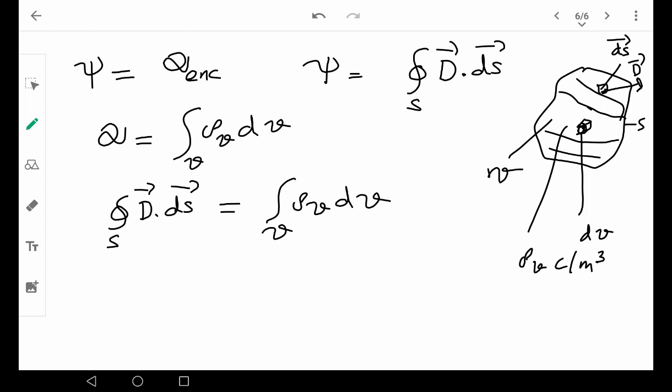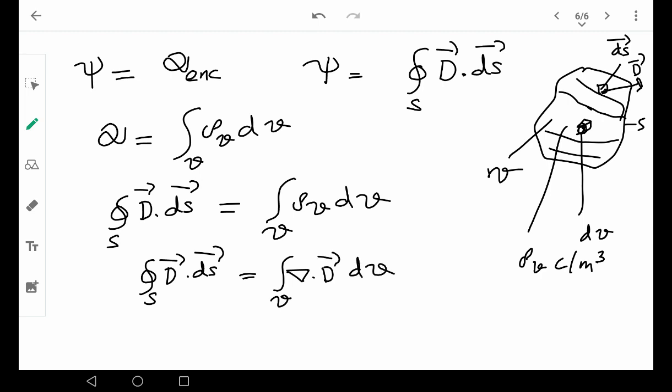Now from this, if you apply the divergence theorem, you studied the divergence theorem previously, right? Integral of D dot dS equal to integral over v of del dot D dv.